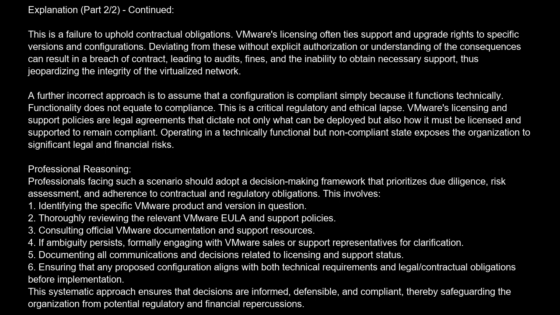If ambiguity persists, formally engaging with VMware sales or support representatives for clarification. 5. Documenting all communications and decisions related to licensing and support status. 6. Ensuring that any proposed configuration aligns with both technical requirements and legal and contractual obligations before implementation. This systematic approach ensures that decisions are informed, defensible, and compliant, thereby safeguarding the organization from potential regulatory and financial repercussions.